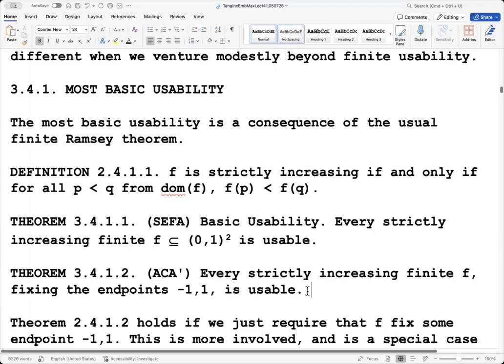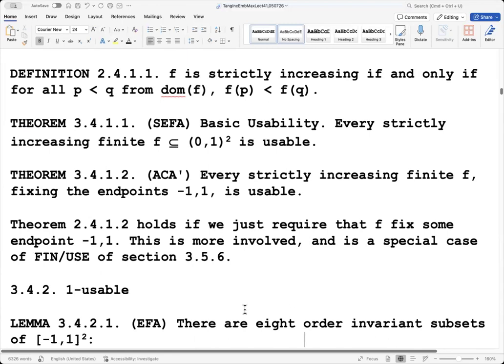This is a slight modification of this, proved the same way. And it's actually true if you fix just one endpoint, but that's more involved, and that gets into the serious stuff called fin use.